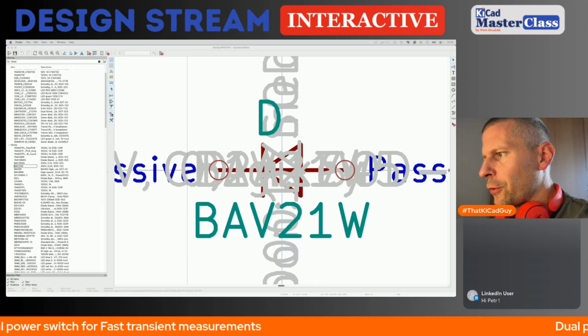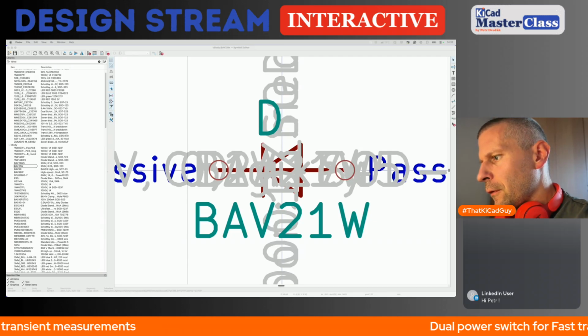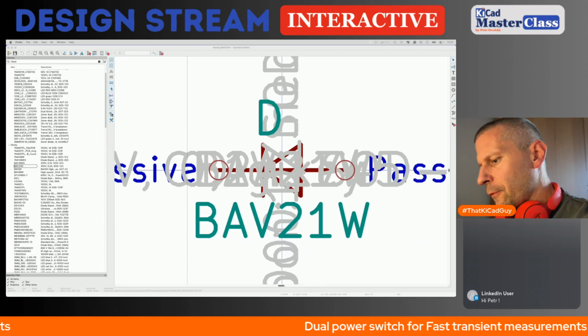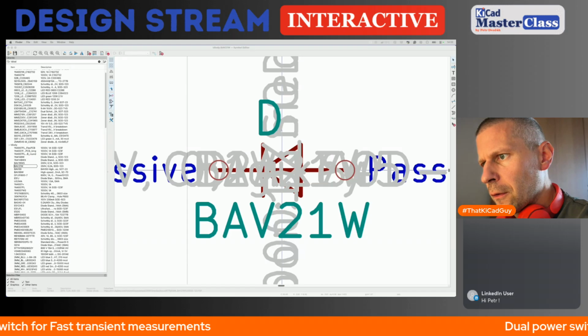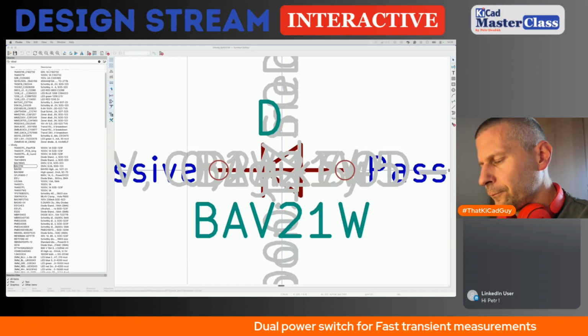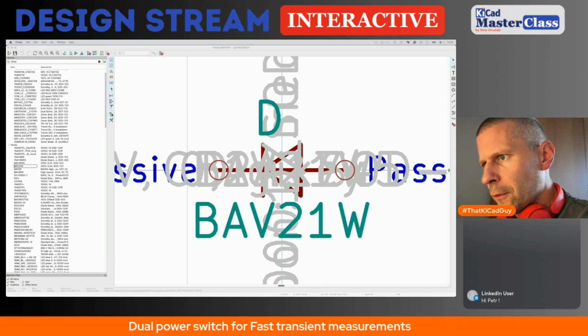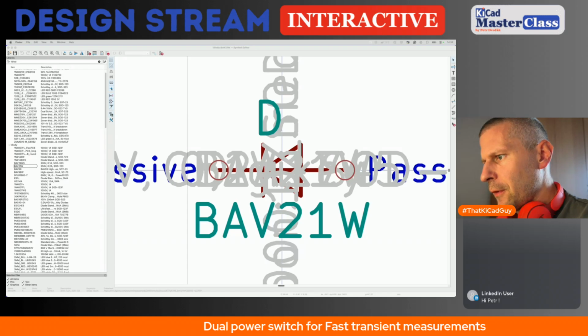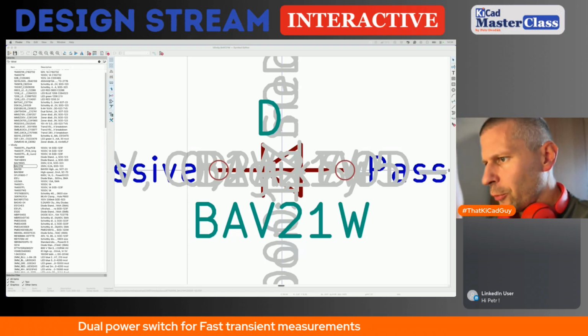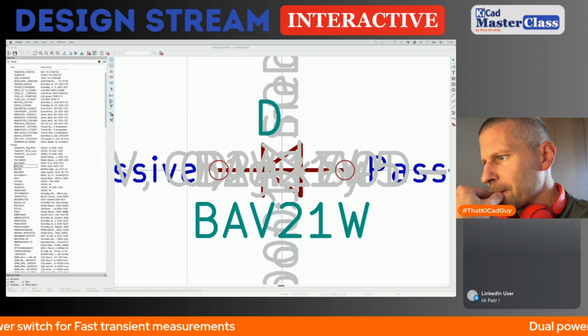Yeah, LMR 5420 is 2 amp. Or TPS 5430. That's 3 amp with industrial input voltage range. That looks good.